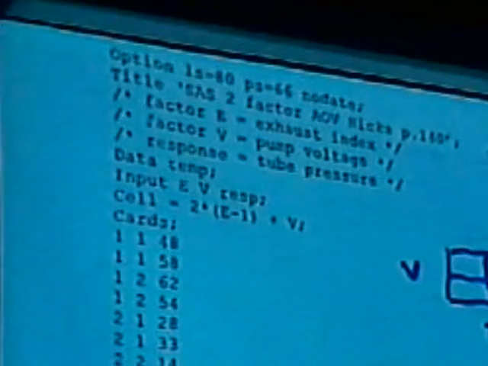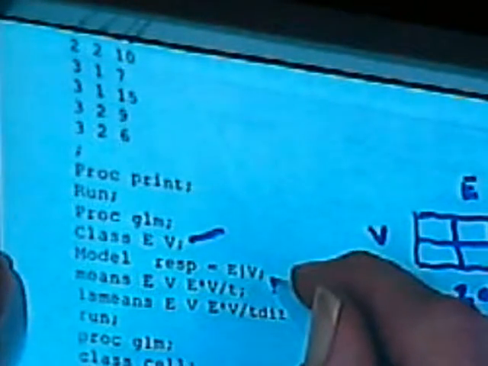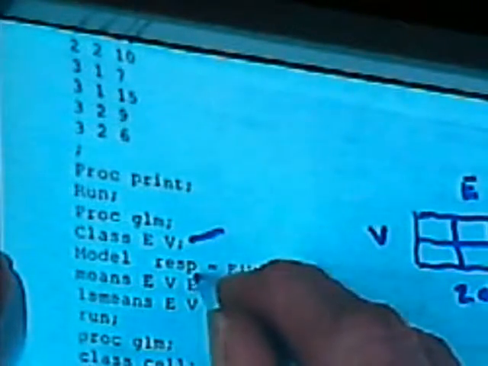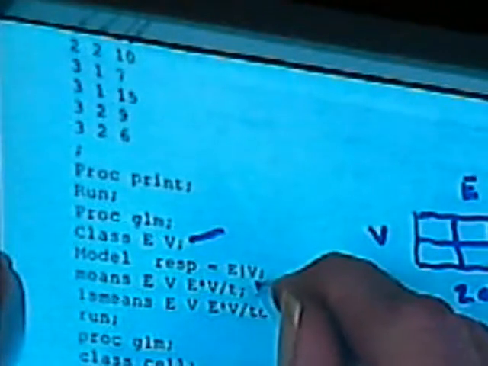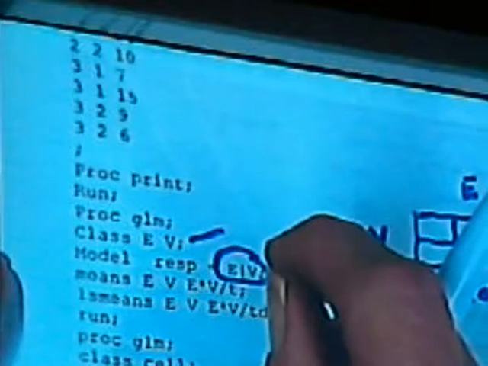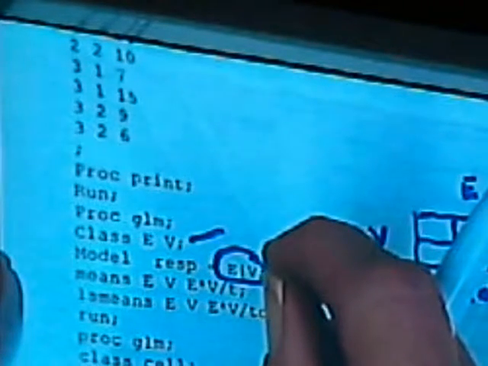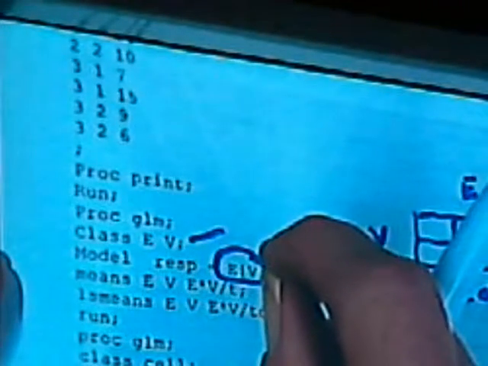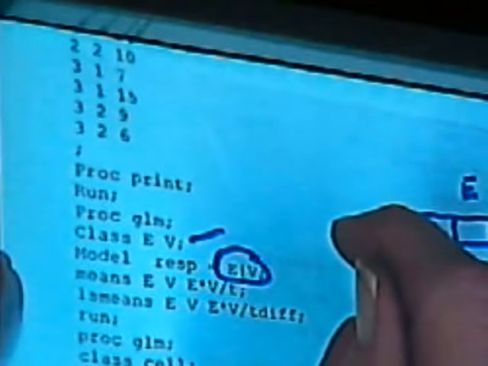So how do we approach it here with SAS code? Well, class E V, model, there's my response, equals E vertical bar V. Notice the new syntax here? It's just a little shorthand for giving me both main effects and the interaction between the two variables.